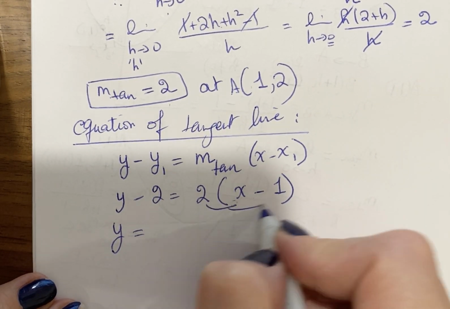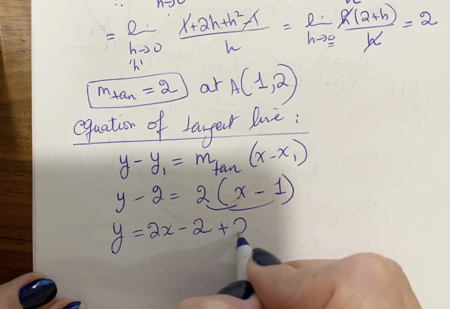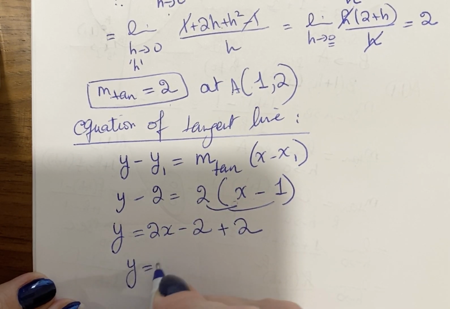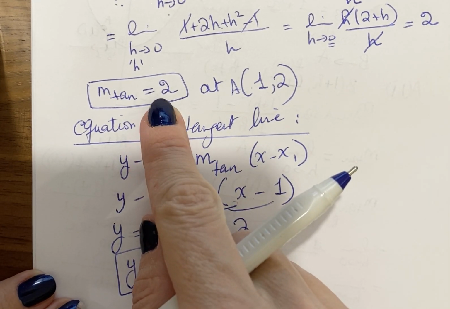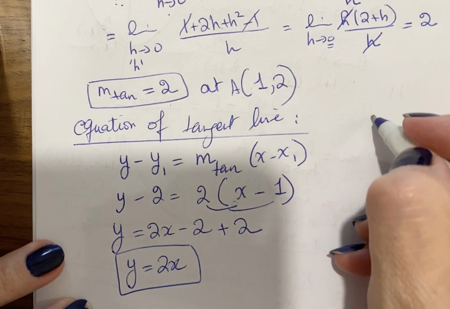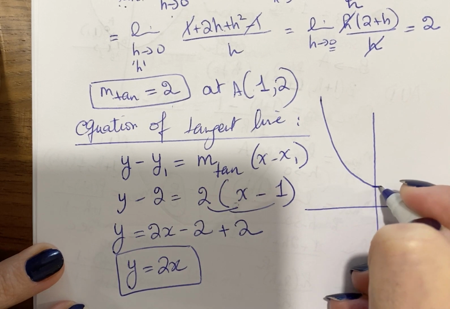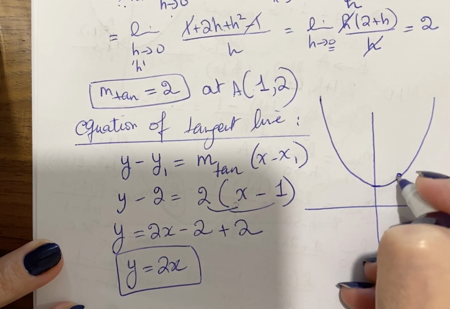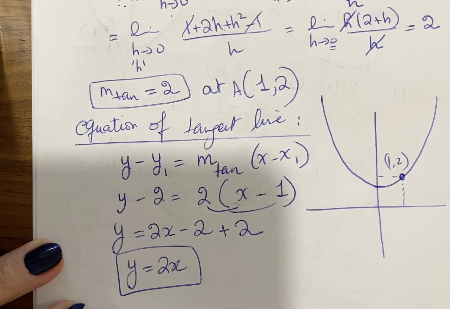Simplifying, this will give us 2x minus 2. Move the minus 2 to the other side, becomes plus 2. So y equals 2x. Not only were we able to find the slope of the tangent, we are also now able to find the equation of the tangent line. So for the function, the parabola y equals x squared plus 1, at the point 1, 2, how does the tangent line look?